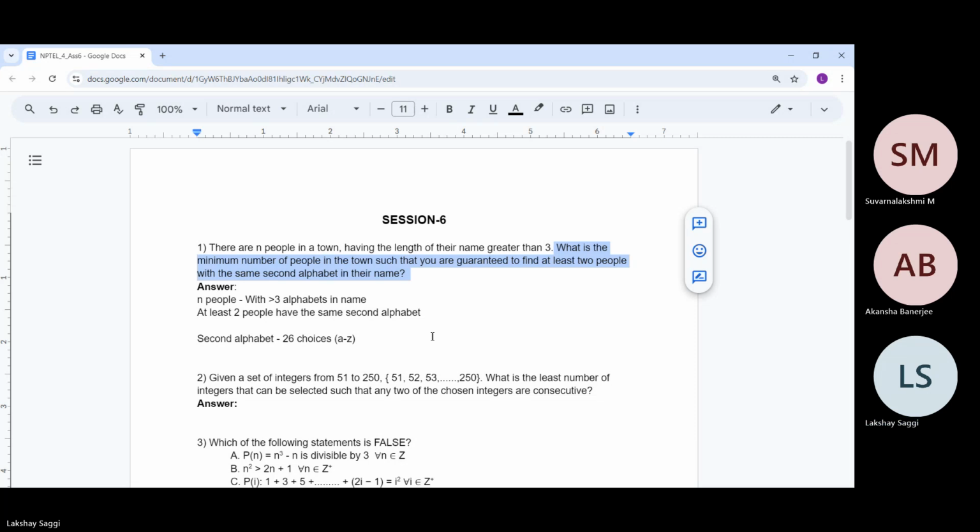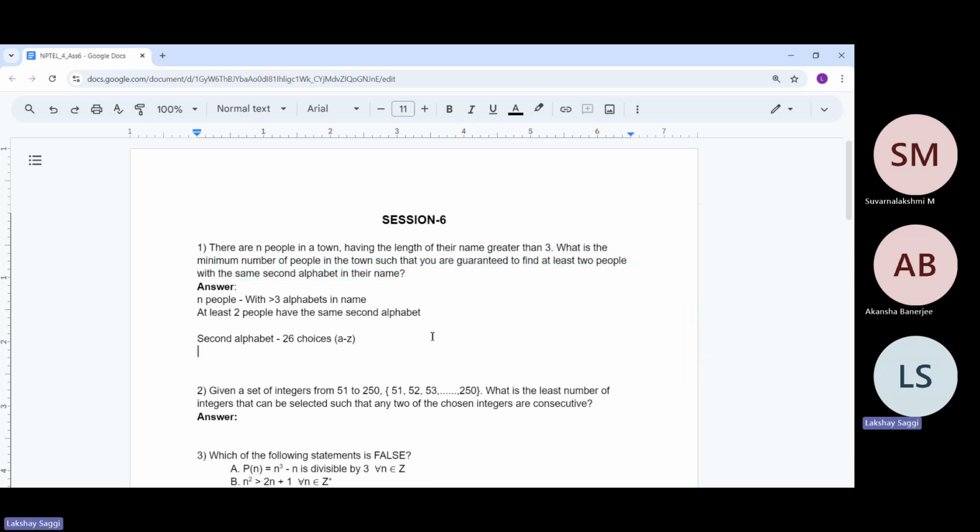The second alphabet has 26 choices. Let's say we pick 26 people, where the first person has A as the second alphabet, the second person's name has B, the third person's has C, and so on till the 26th person, who has Z.